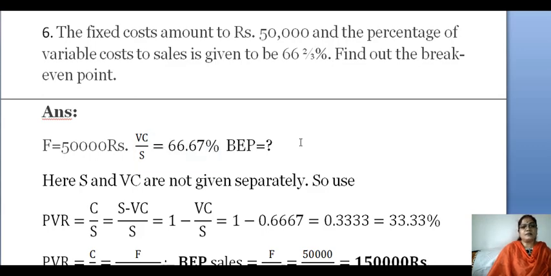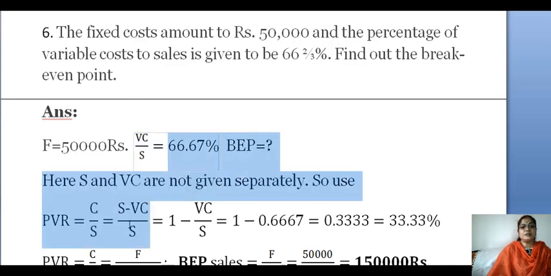So neither contribution formula we can use, that is BEP in units formula we can use, nor this. It seems like that, but we can use this because here S minus VC by S separately if we take, we don't have data here. We lack the data because VC and S separately not given here, neither in total given nor per unit given.